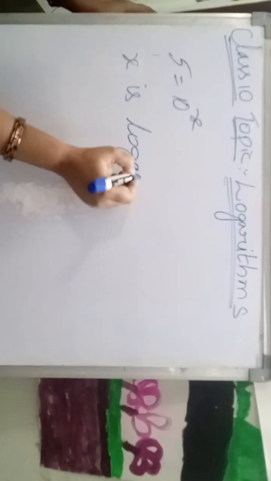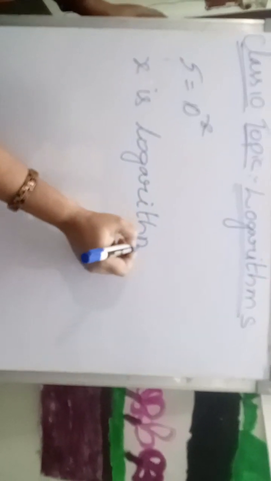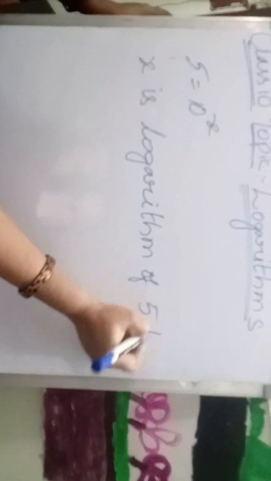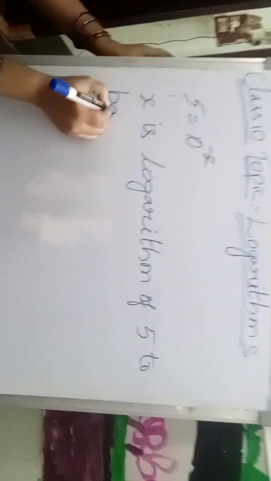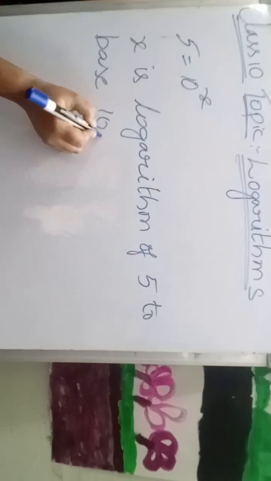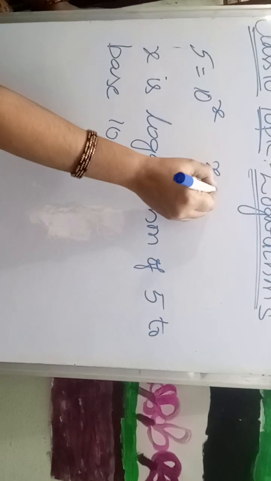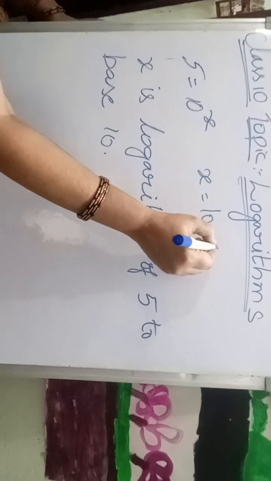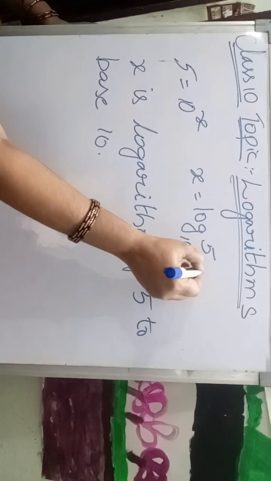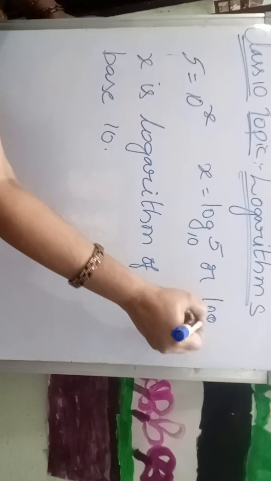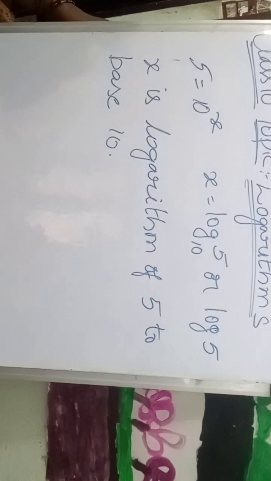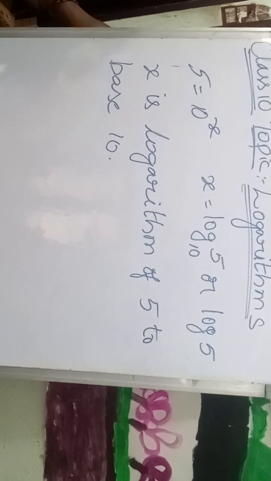Here 5 equals 10 power x, so x is the logarithm of 5 to base 10. And how can we write it? x equals log of 5 base 10, or log 5. In this way we can write.